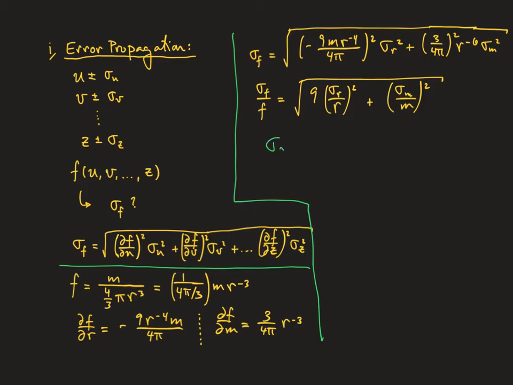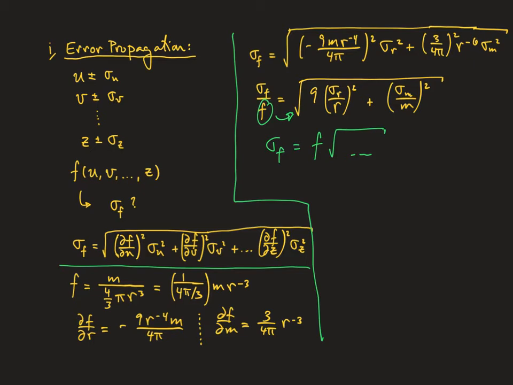So sigma f is equal to f times the square root of all that stuff. What you're calculating directly is the relative uncertainty, but what you might want is the uncertainty itself, so you have to multiply by f when you're all done. That's an easy thing to forget to do.